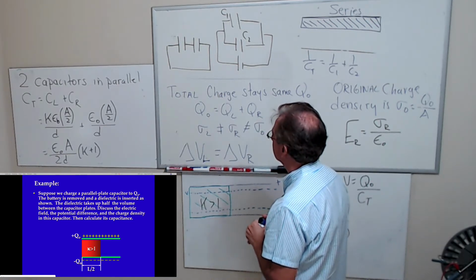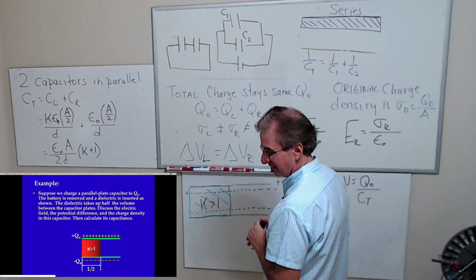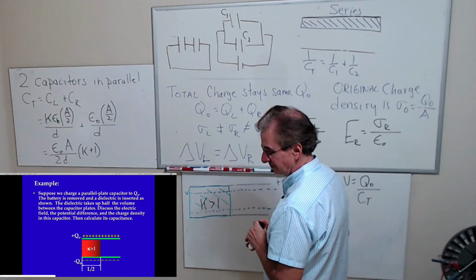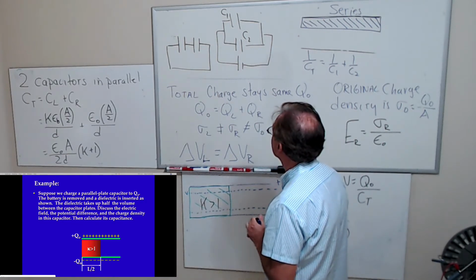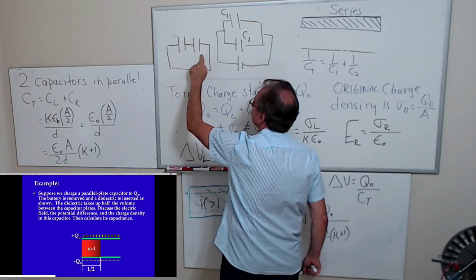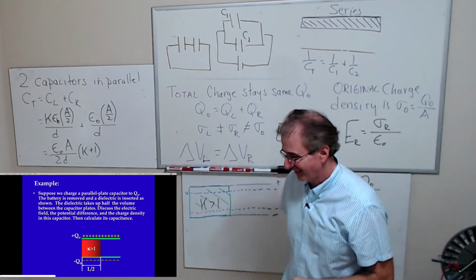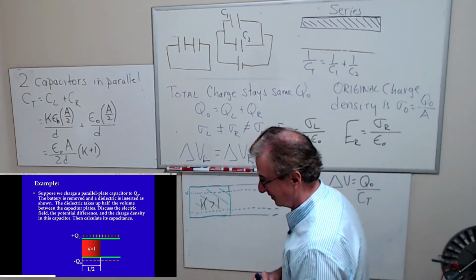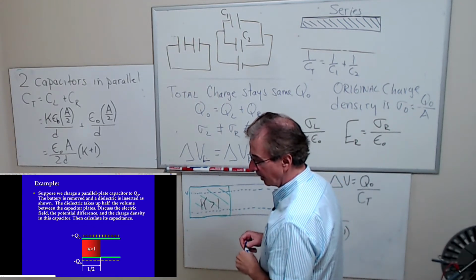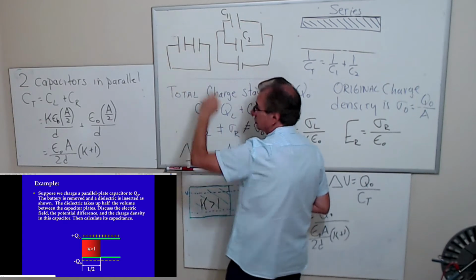That's a good question. What happens if you remove the battery? So you take this out, and then you connect this end to this end. These were originally oppositely charged. You end up getting no charge at all. I mean, you can think of it as a series connection, but if you disconnect the battery and you do this, you have no charge.